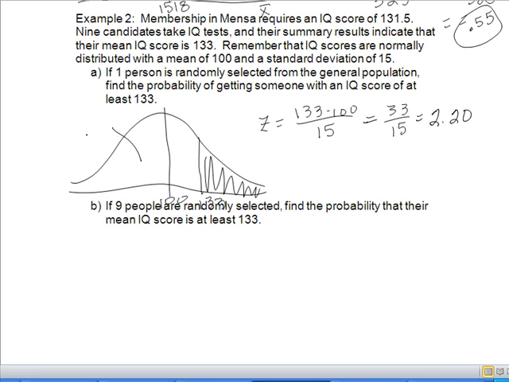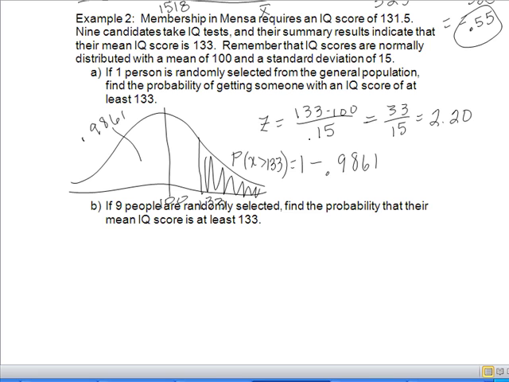We're going to do 133 minus 100 times the square root of 9, which is our n, over 15. So we have 33 times 3, which would be 99 over 15. And that's 6.60. There's a big difference between these two.